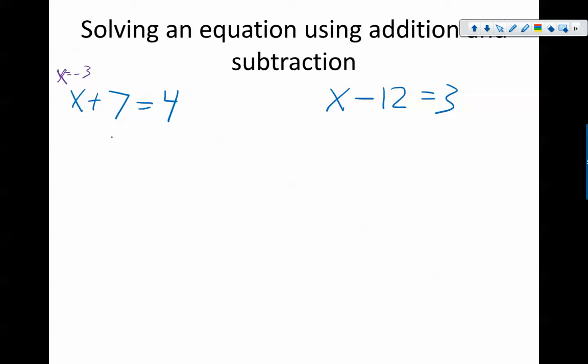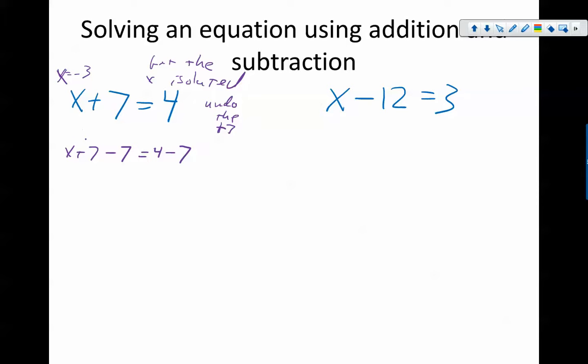The process we need to follow is to get the x isolated, meaning by itself on this side. To do that, we need to undo the plus 7. So to undo the plus 7, we need to subtract 7. If I do that to the left to make an equivalent expression, I need to do that to the right as well.